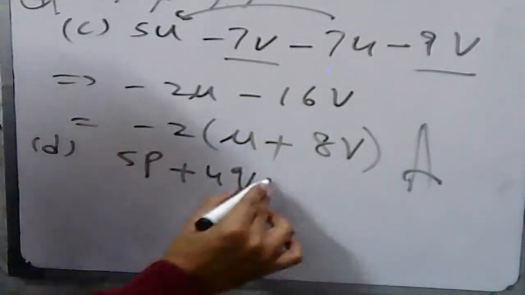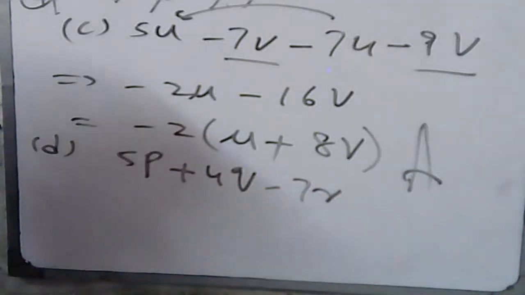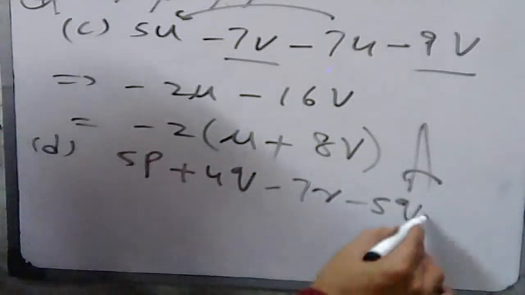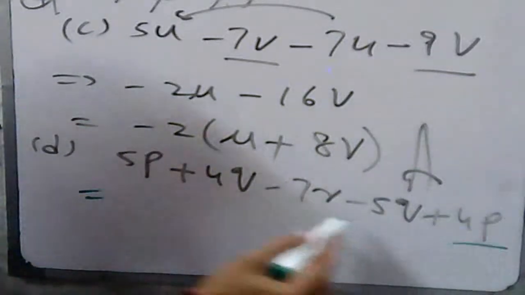So in D part, 5p plus 4q minus 7r minus 5q and plus 4p.